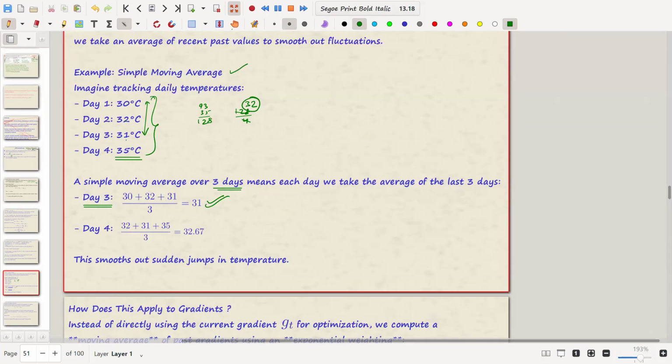For day 3, if you want to compute the moving average, you have to take all the previous values which you have. You have to include this value also.